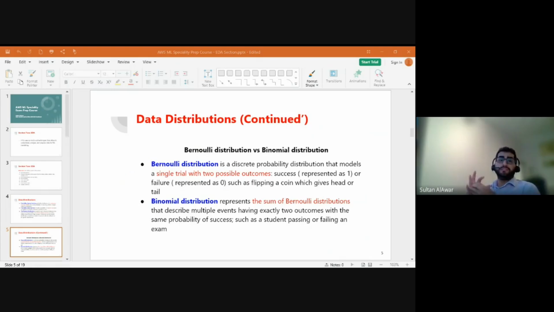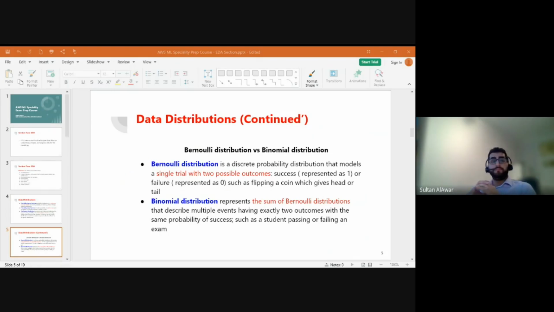One popular example is flipping a coin, which gives us head or tail. When you flip the coin, there are only two possible outcomes within a single trial, and this is called the Bernoulli distribution.